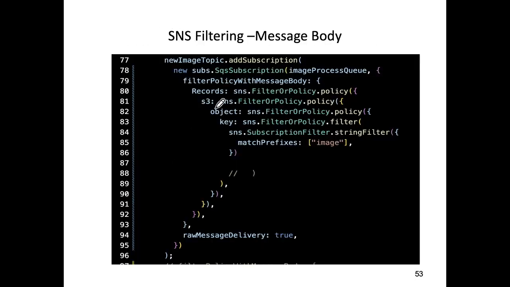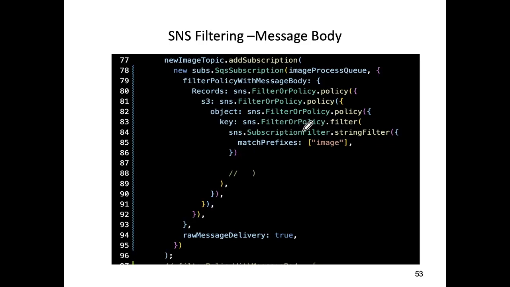And eventually we get to the part of the message body where we actually express our filtering condition. Here's our filtering condition, which is actually the same syntax that we used when we were using attribute-based filtering.